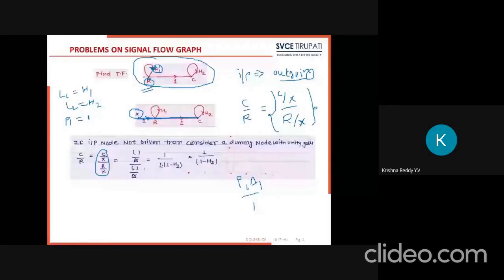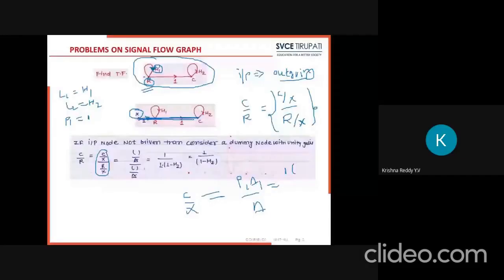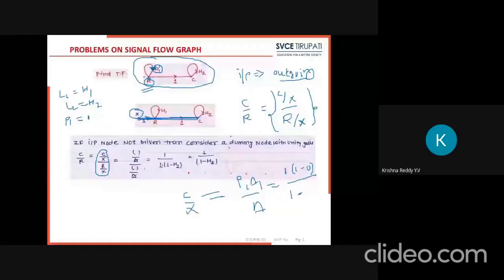P1 value is 1. For delta 1, for this forward path, two loops are touching, so it is 1 minus 0. Delta is 1 minus summation of individual loops, H1 and H2, so 1 minus H1 minus H2.